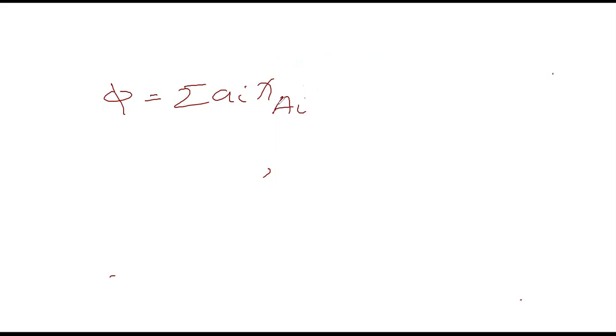It's not a step function, it's a simple function. Measure of Ai may be infinite as well. Then integral of phi is equal to summation, i runs from 1 to n, sorry, i runs from 1 to n, ai into mu star of Ai.